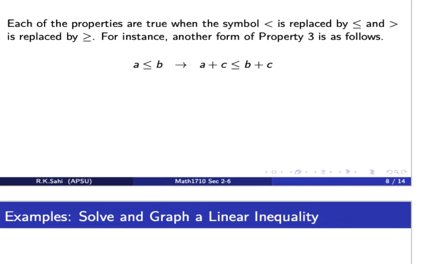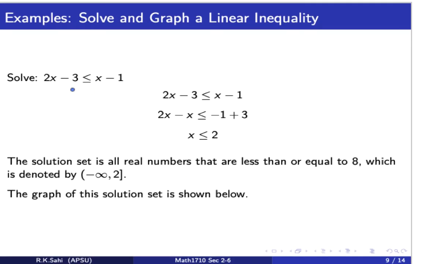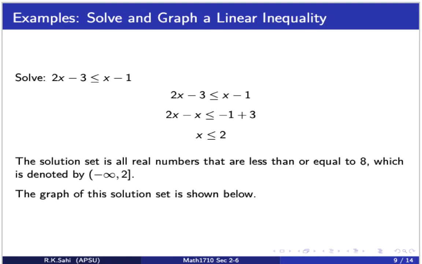Okay, let's start with a very simple one, this was the beginning example I had taken. Now we said 2x minus 3 is less than or equal to x minus 1. The first thing we're going to do is get the x's on one side of the inequality and the constants on the other side.